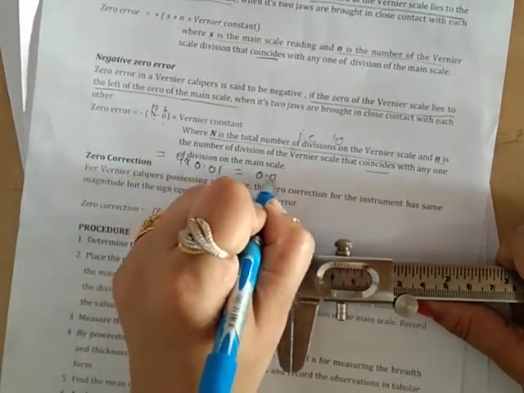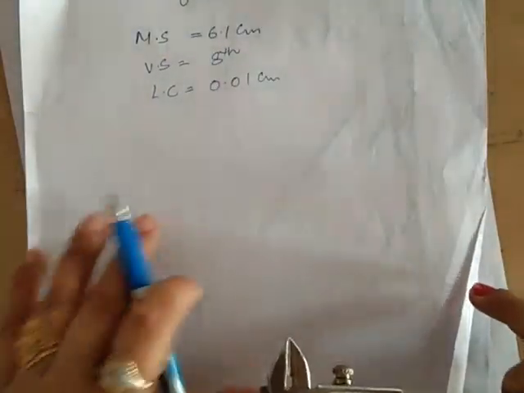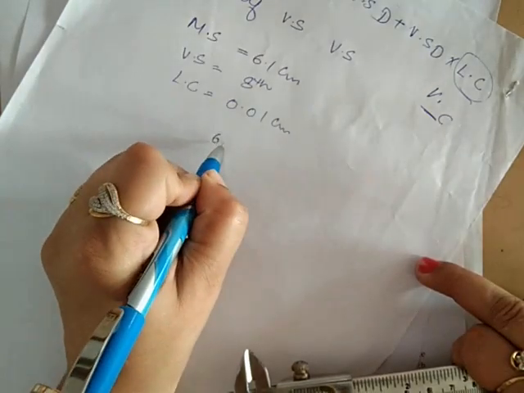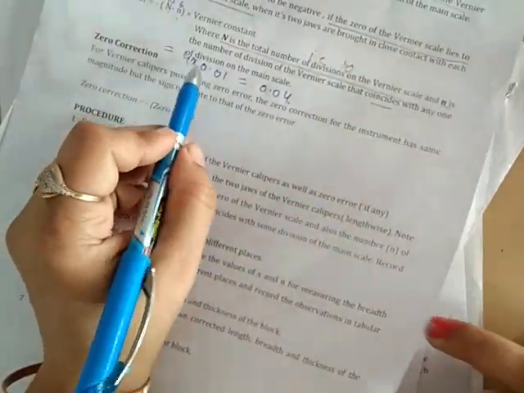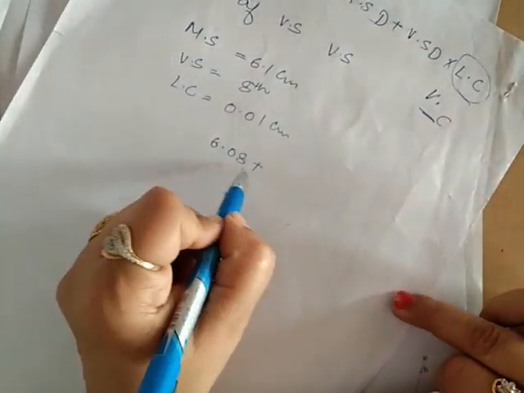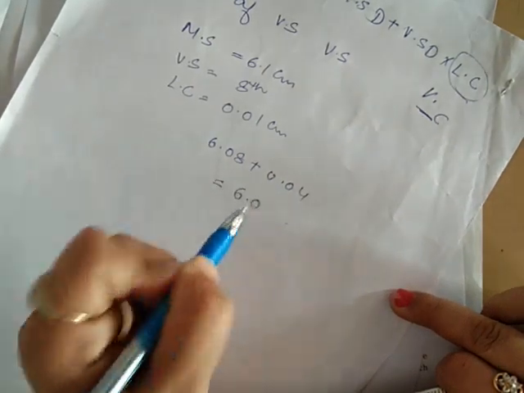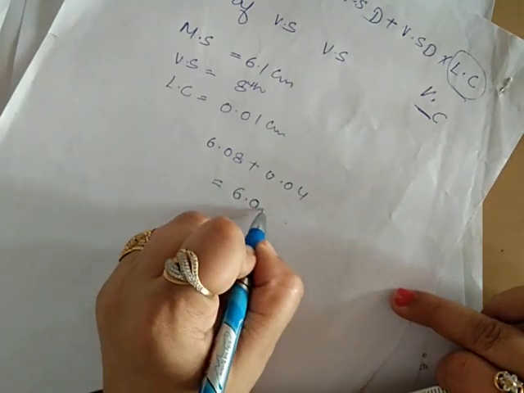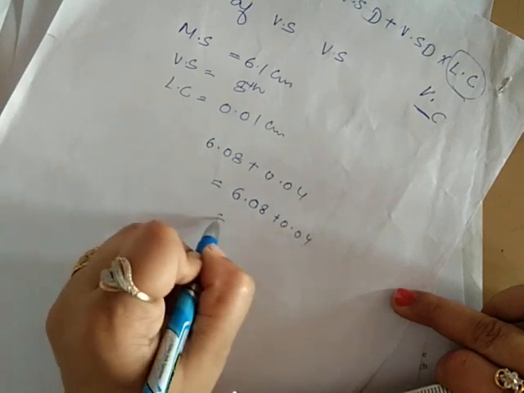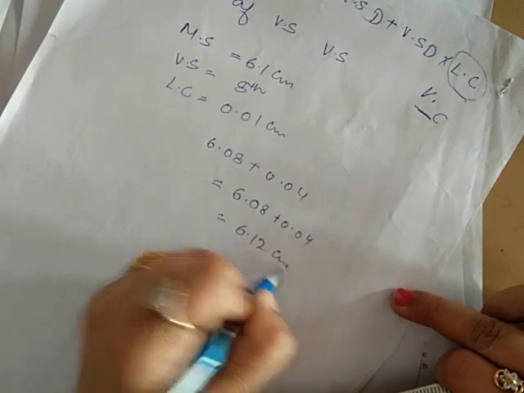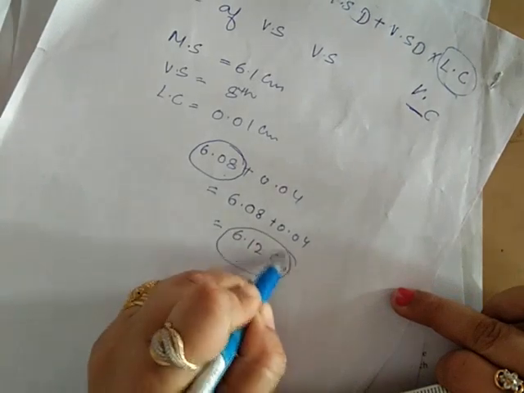It is negative 0 error, so we add this value. If there is negative 0 error, we add this value, 0.04, to the reading. So the corrected reading is 6.12 centimeter. Mean observed is 6.08 and corrected is 6.12.